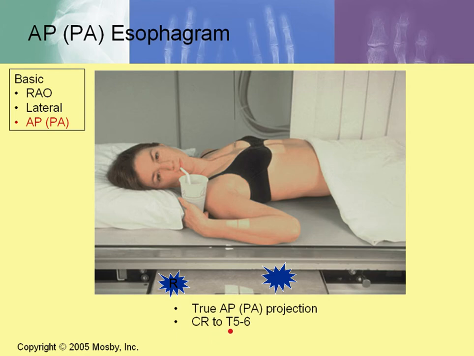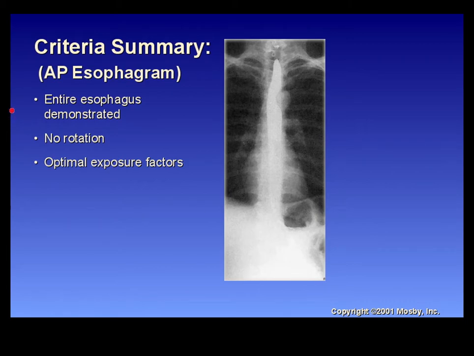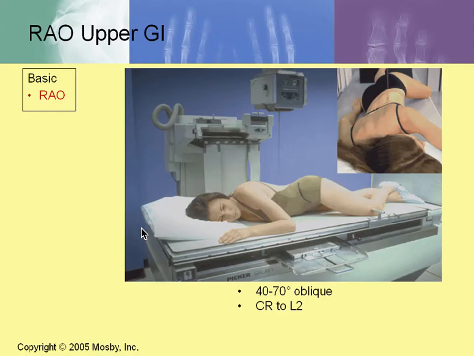Your central ray is to T5 or 6, so you're a little bit higher than a chest x-ray because you don't need the entire chest. You just need the esophagus, okay? So entire esophagus demonstrated, no rotation, optimal exposure factors. The patient was sipping and swallowing as it was coming down, so it is entirely filled with barium.